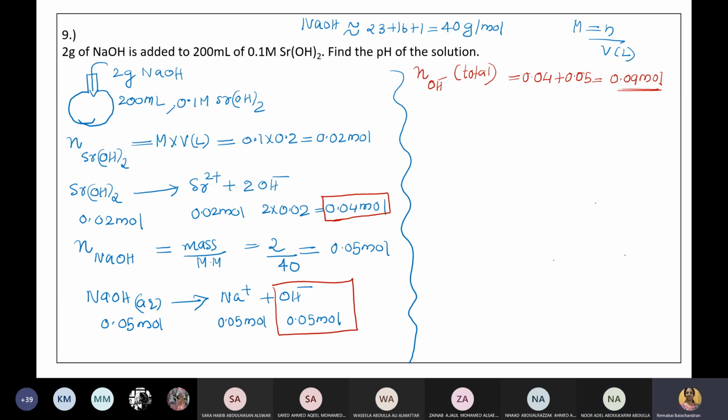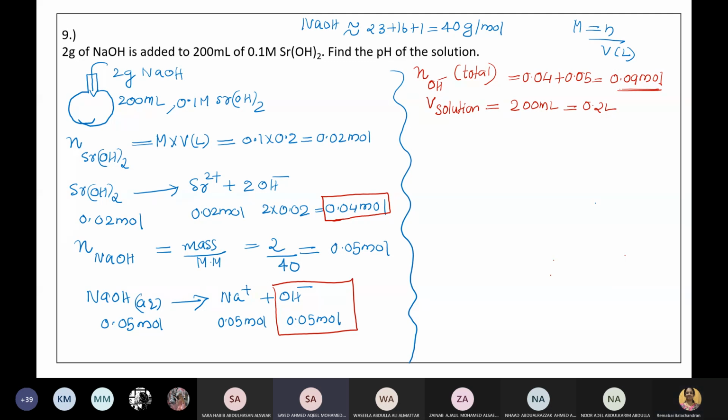Now you know the volume. The volume of the solution is 200 ml, that is 0.2 liter. So I know the number of moles and the volume.